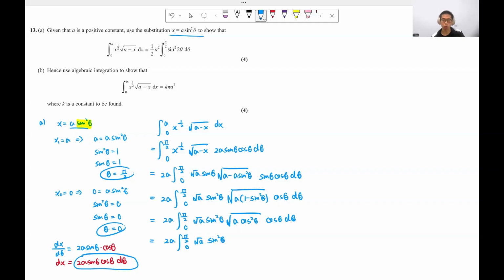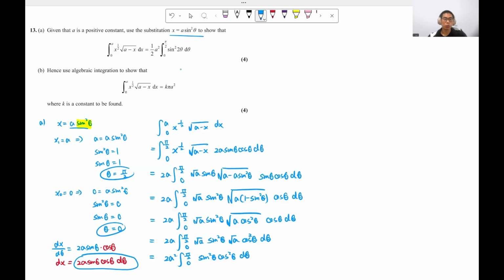So square root each one: root a is just root a, and root cos²θ would be cos θ, and then times another cos θ would be cos²θ dθ. So now we have 2a, root a times root a is just a, so that would be 2a², and then the integral from 0 to π/2 of sin²θ cos²θ dθ.